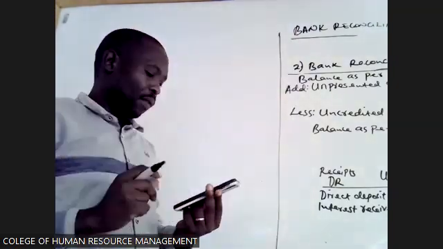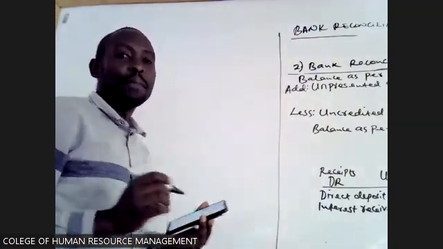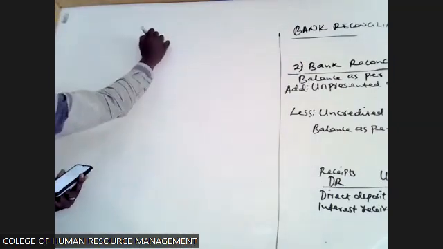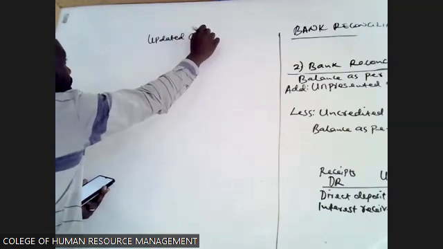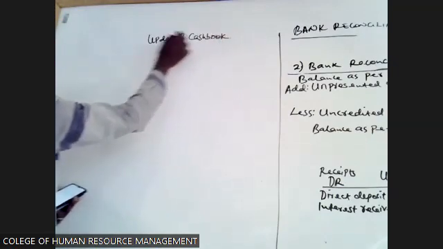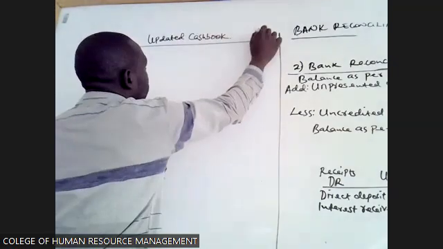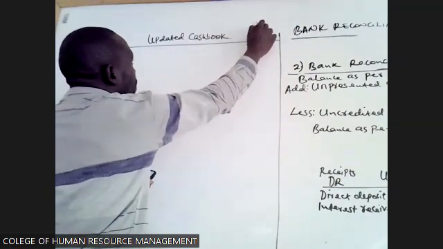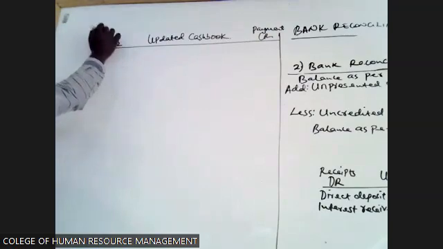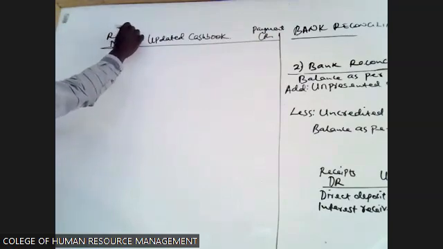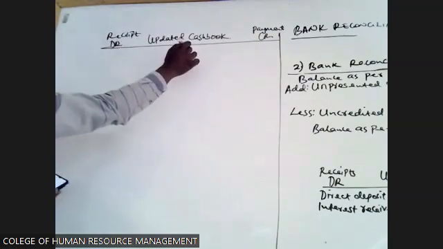The statements are provided, then we are supposed to do an updated cash book. The CR for any missing payment, we put it there. The DR, any missing receipt, we capture it there.